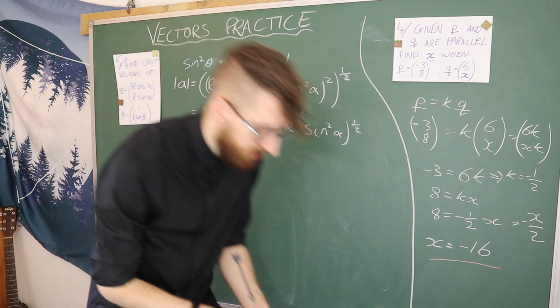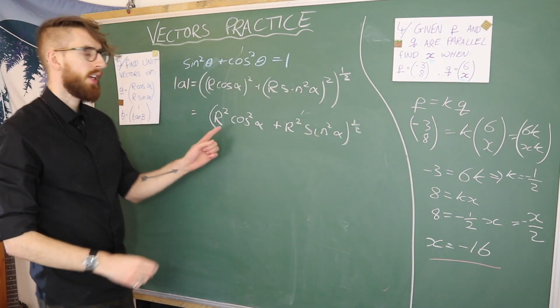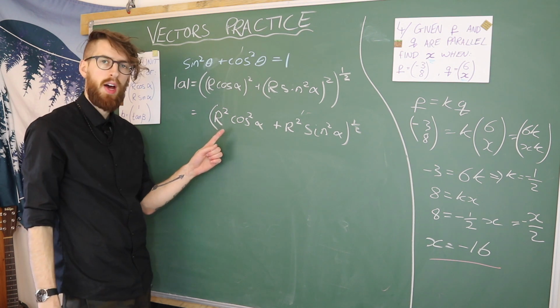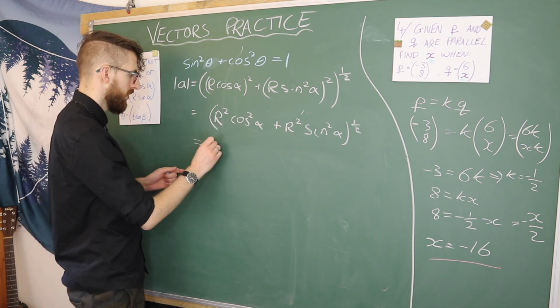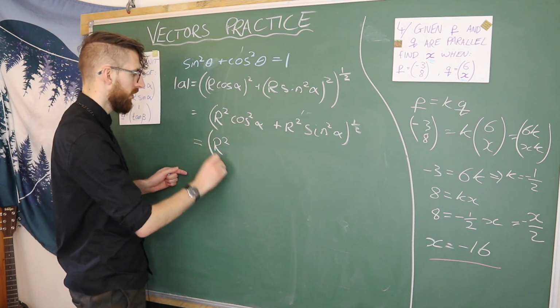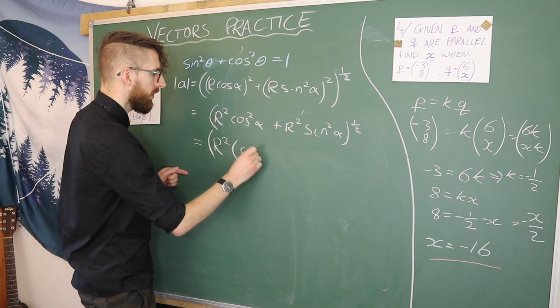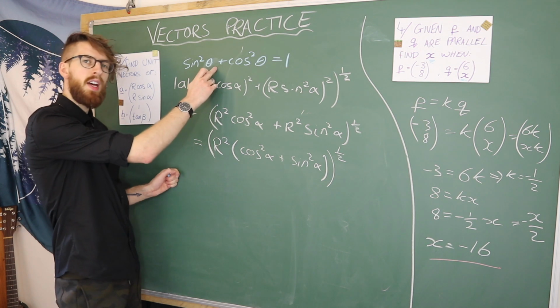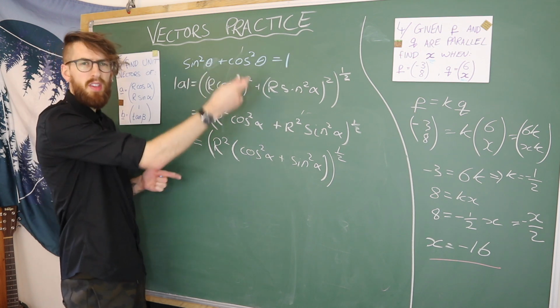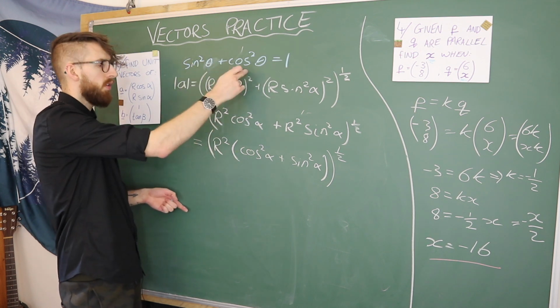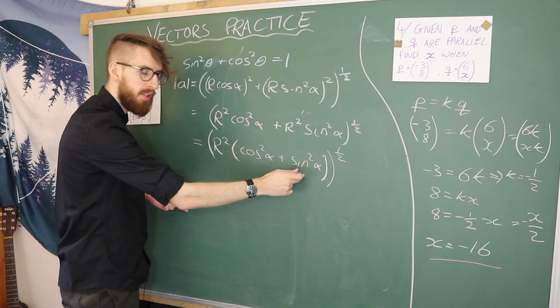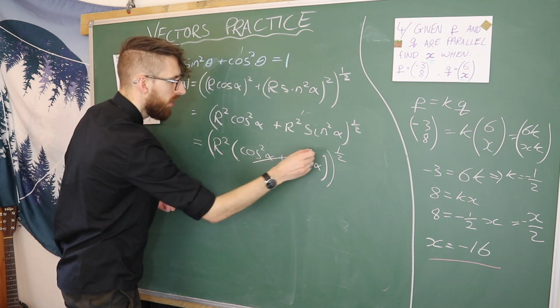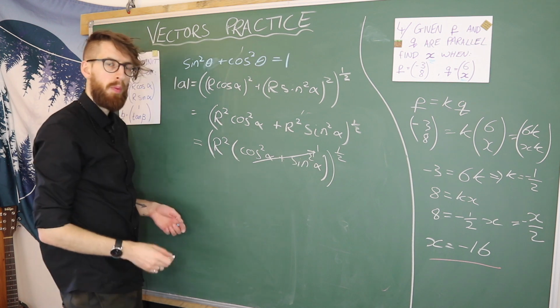Let's get some better chalk. Okay, common factor of r squared. Let's pull that r squared out. It's still to the power of a half, but then we've got this. What you'll notice from here is, even though I've written it a different way around, we've got cosine squared add a sine squared. Well, all of that equals 1.